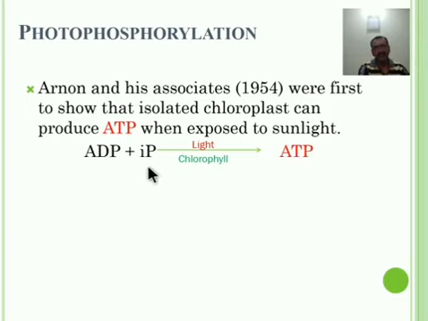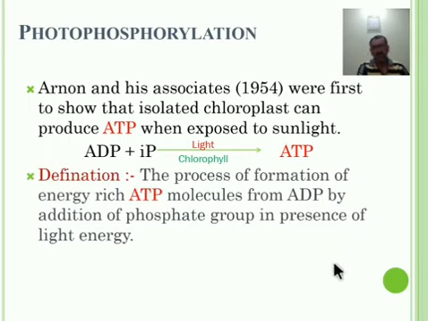ADP, in presence of inorganic phosphate, light and chlorophyll pigment, is converted to the energy rich molecule, which is nothing but the ATP, as suggested by Arnon and his associates in 1954.